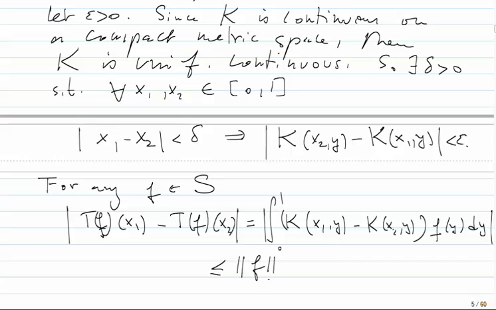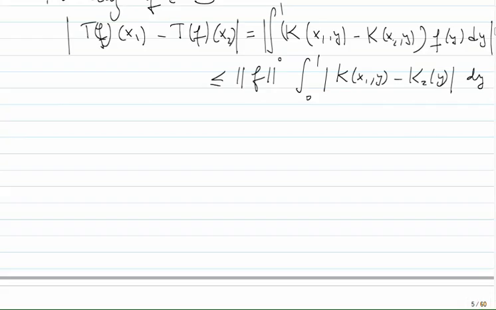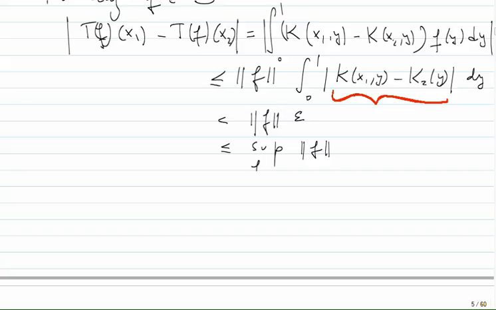We have done this before. So since the function inside the integral is always less than epsilon, then this will be less than the norm of f times epsilon, which is less than the sup of the norms of f in S times epsilon.